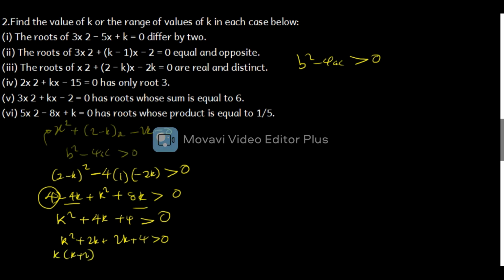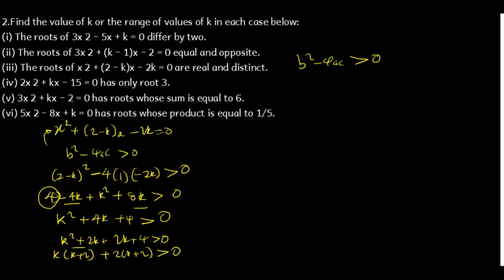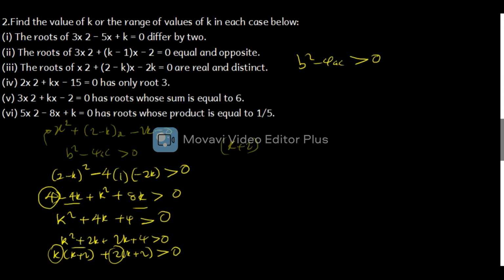I'm going to factorize the first two, and then plus 2k plus 2 again. Then I can get this and this and put them together. So that will be k plus 2, and the other portion also k plus 2, and that is greater than 0.